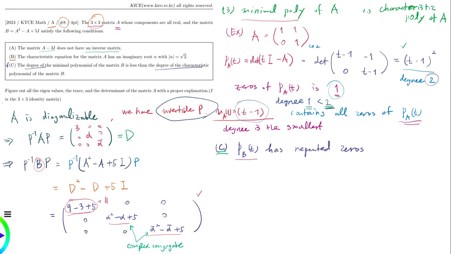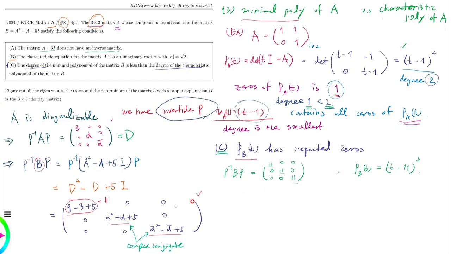So if the diagonalized form of matrix capital B is like this, whose main diagonal entries are all 11, then in this case its characteristic polynomial will be t minus 11 and its cube.